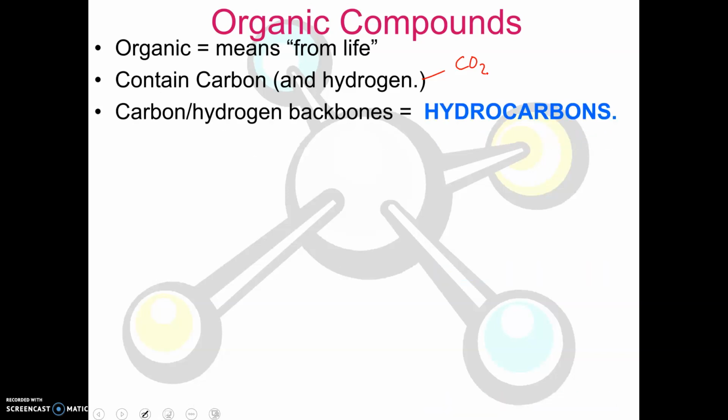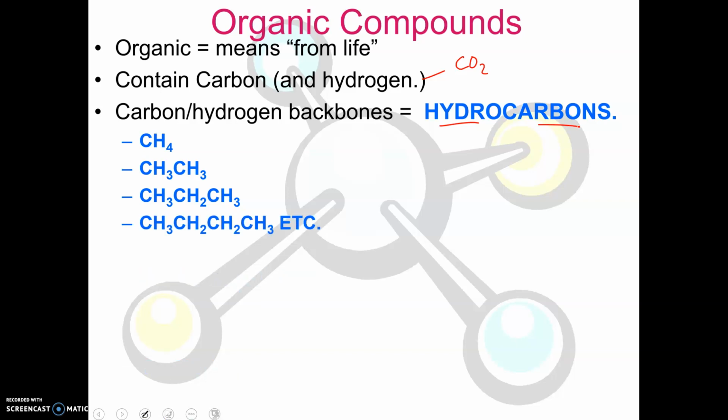So the backbone of these organic compounds is carbon and hydrogen, and so they're sometimes called hydrocarbons, for hydrogen and carbon. Here are some examples. Now notice how these are written. You might say, why can't I just write this as C2H6? You can, but in organic chemistry, sometimes they'll write it this way to indicate that this is a chain.